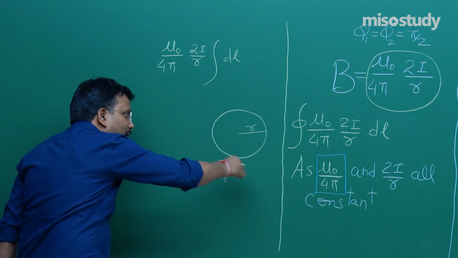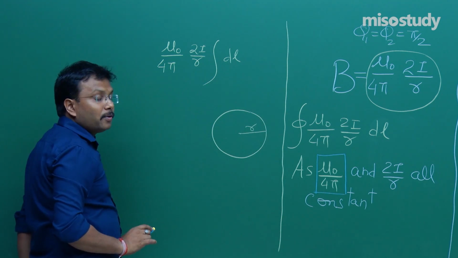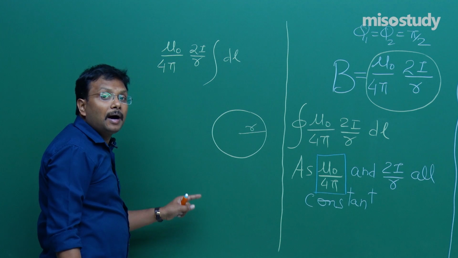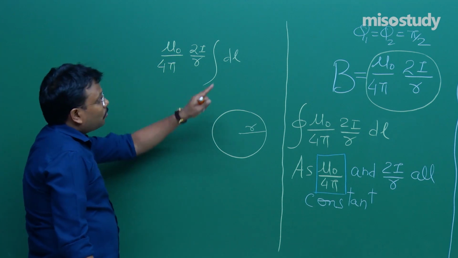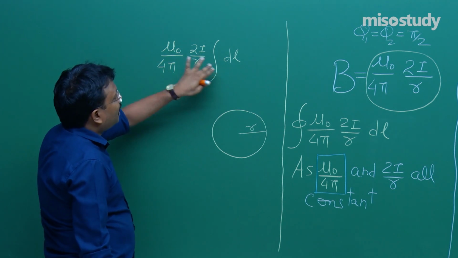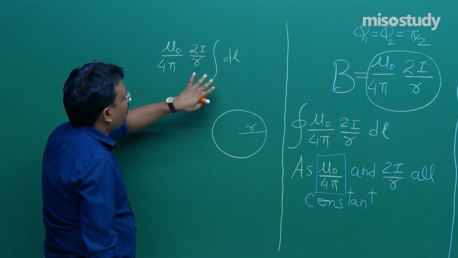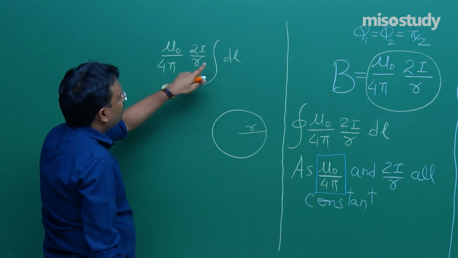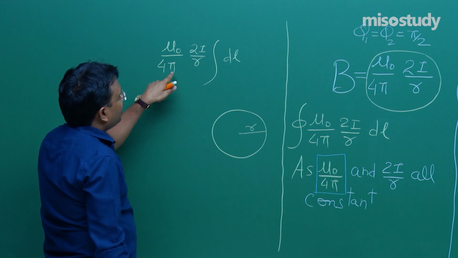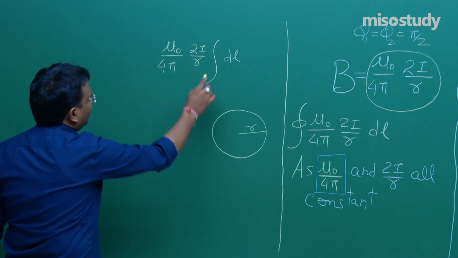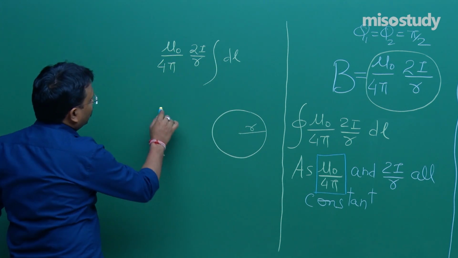So the complete circumference is going to be how much? 2 pi r. Fine. Similarly this 2 pi r will give you the same result, 2 pi r. Pi pi cancel. So what result will you get? It is 2 pi r.